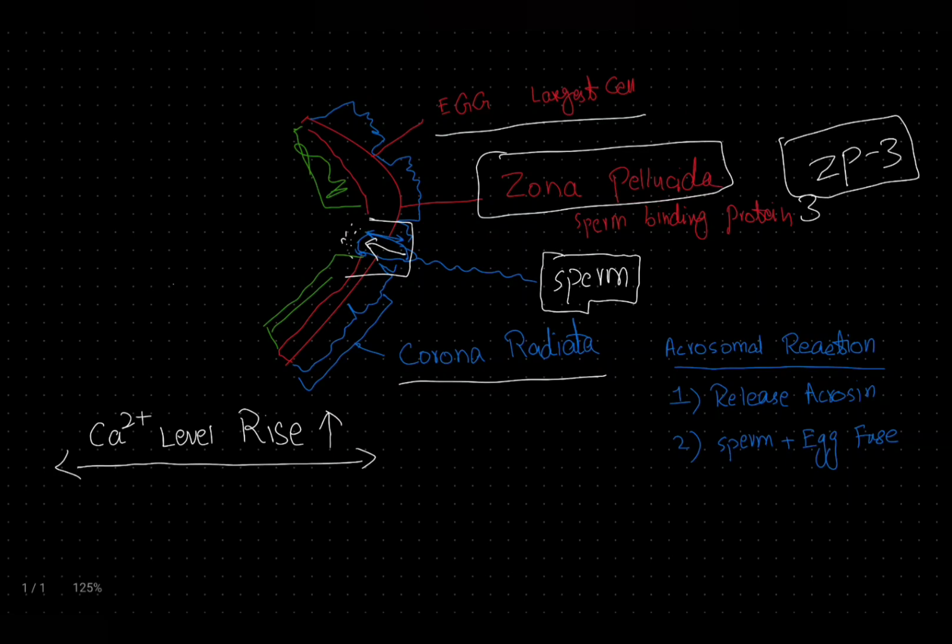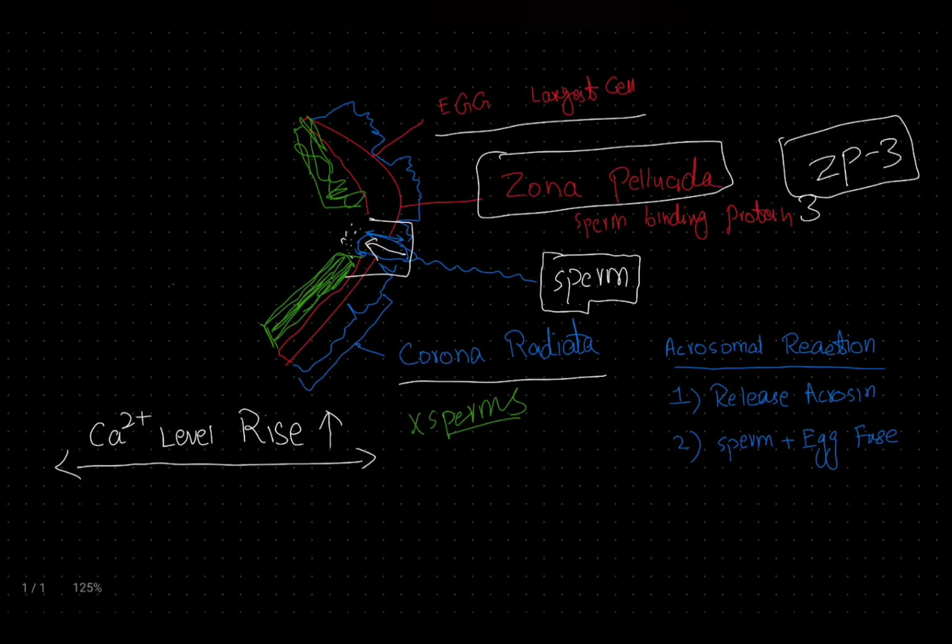With calcium and water, they make a hyaline layer in the space of the egg, and they allow only one sperm to enter the egg, preventing other sperm from entering the cell.